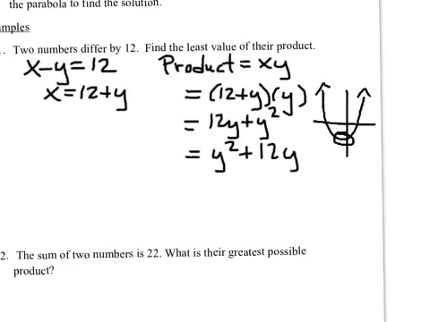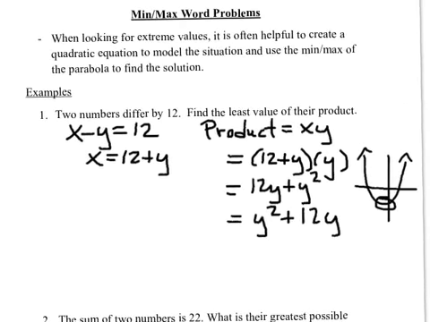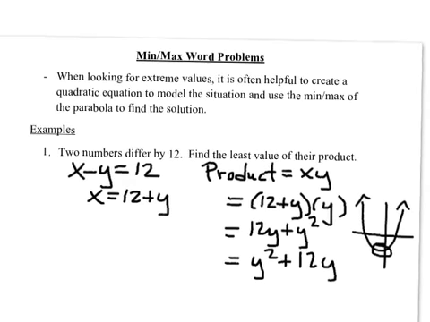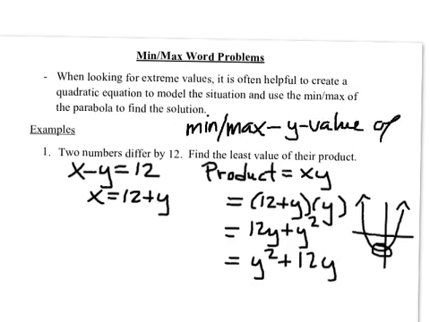And the minimum in this case is the y value of the vertex. So it might be helpful for you to write down that the min or the max is the y value of the vertex.